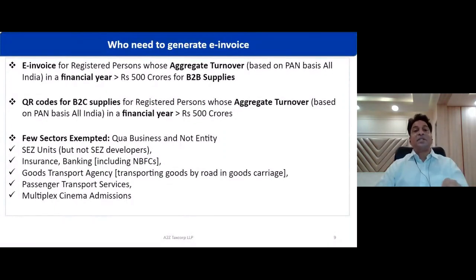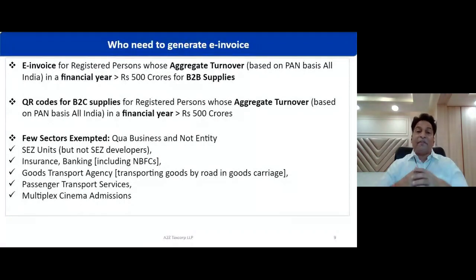NIC has issued frequently asked questions, and we have come to know that the government is going to issue another notification specifying that if any registered person's aggregate turnover in any of the three preceding financial years, 17-18, 18-19, and 19-20, crosses 500 crore, they will have to undertake e-invoice generation.